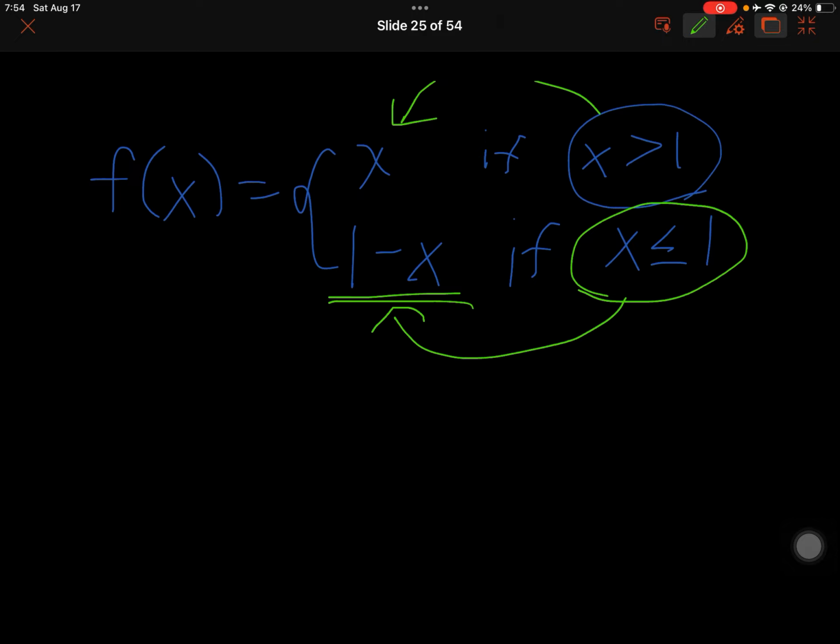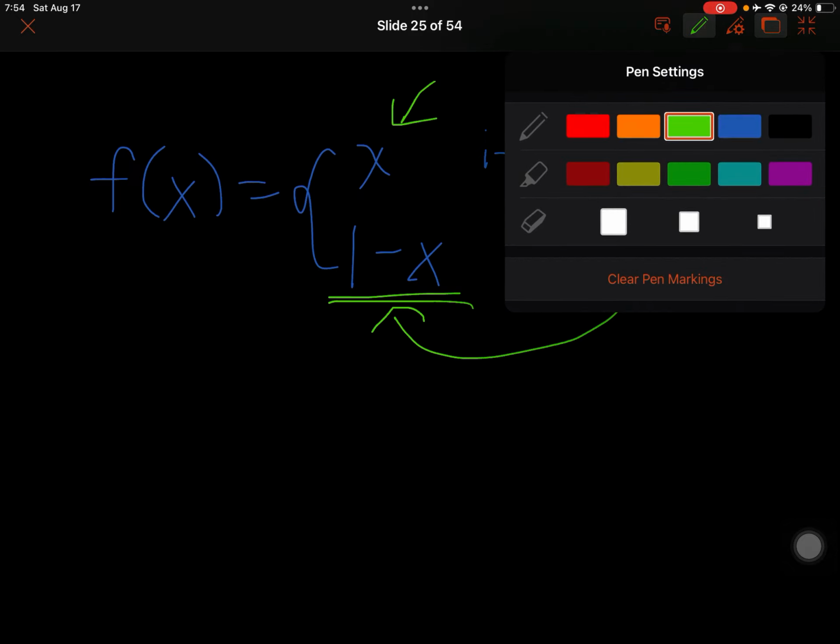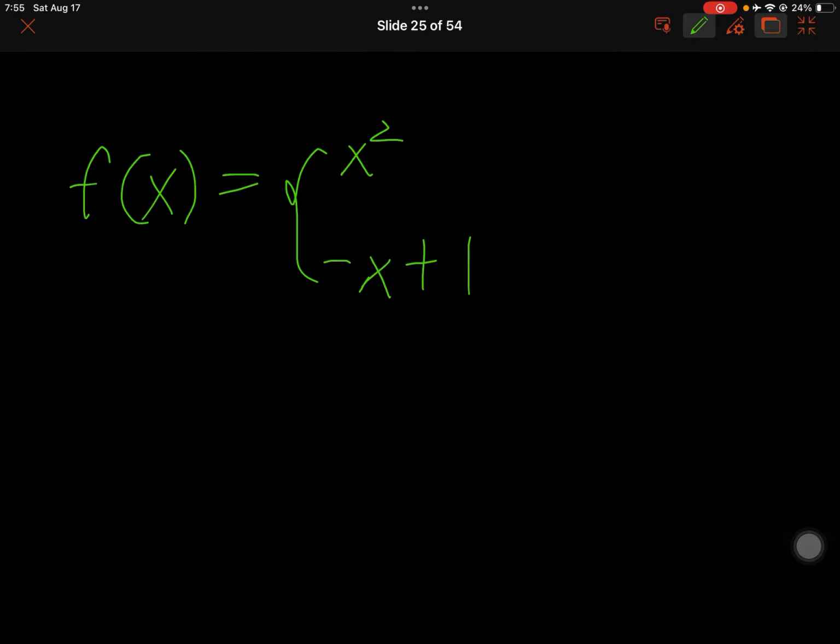Another example of a piecewise defined function is f of x is equal to x squared and negative x plus 1, such that x is less than -2 and x is greater than or equal to -2.